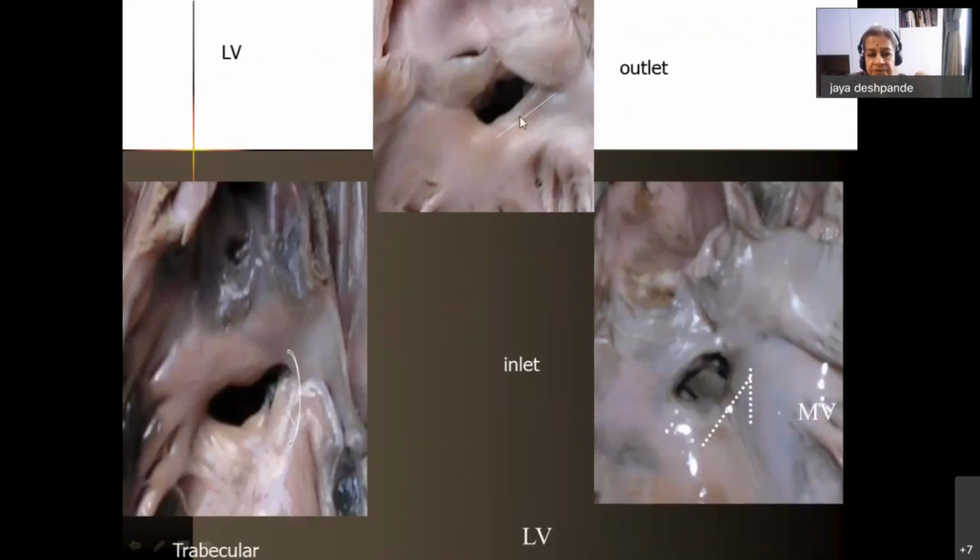Here is the course of the outlet type of perimembranous defect. Here is the course of the bundle of His before it divides. This will be the course of the bundle of His before it divides. This is the trabecular type of VSD. And inlet, this is the course of the bundle of His.